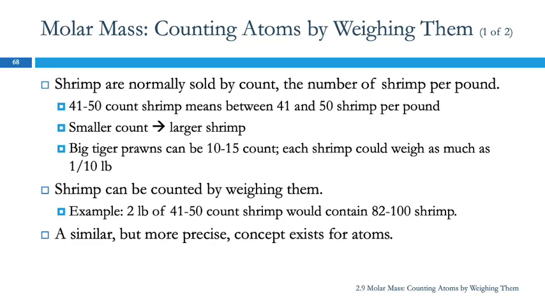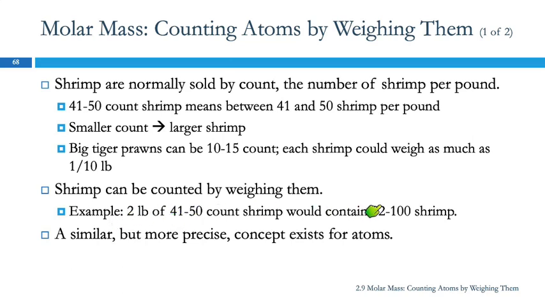So we can count shrimp by weighing them. Let's say you're having a party and you want to have 200 shrimp because maybe you've got 50 people and you'd like for everybody to be able to have 4 shrimp, right? So how many pounds of shrimp do you buy? Well, that depends on what kind of shrimp you're buying. If you looked at 2 pounds of the 41 to 50, there's 41 to 50 in each pound.